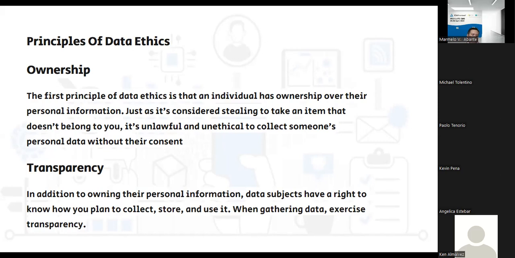So second is transparency. In addition to owning their personal information, data subjects have a right to know how you plan to collect, store, and use it. When gathering data, exercise transparency. For instance, imagine your company has decided to implement an algorithm to personalize the website experience based on individuals' buying habits and site behavior.